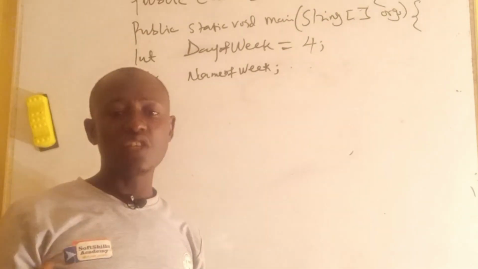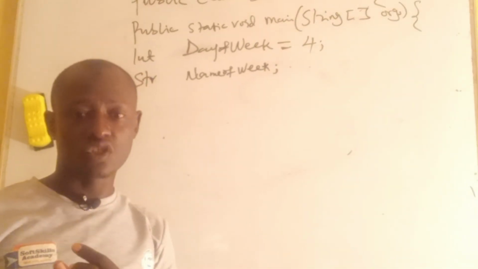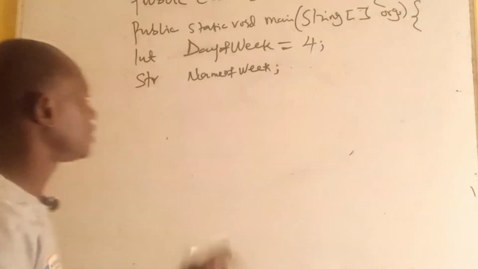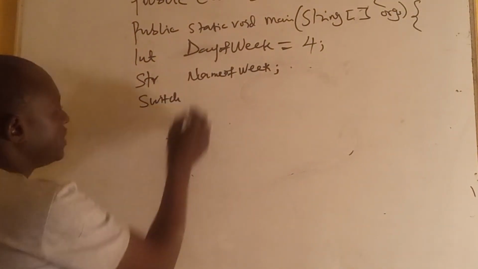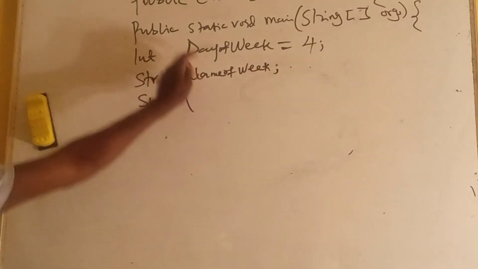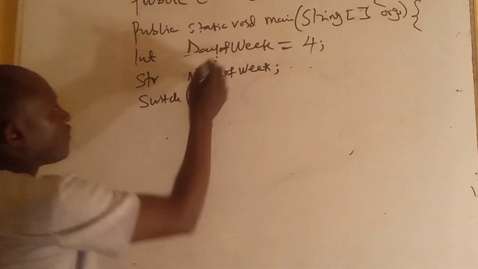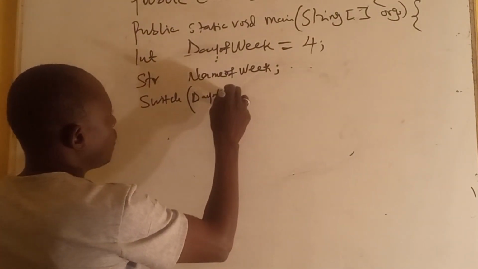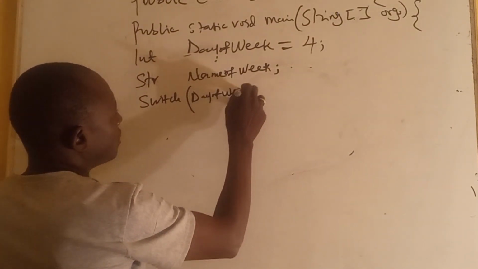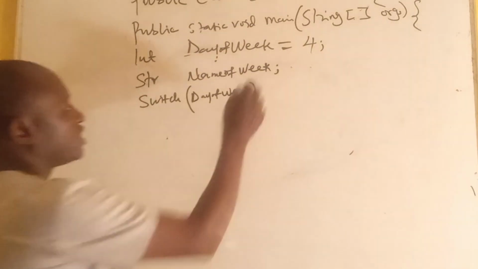So the next thing you are going to do is your switch statement. You say switch. What are you switching? You are switching this. Are we together? Make sure you have written the correct thing there: day of the week. This is what you are switching.